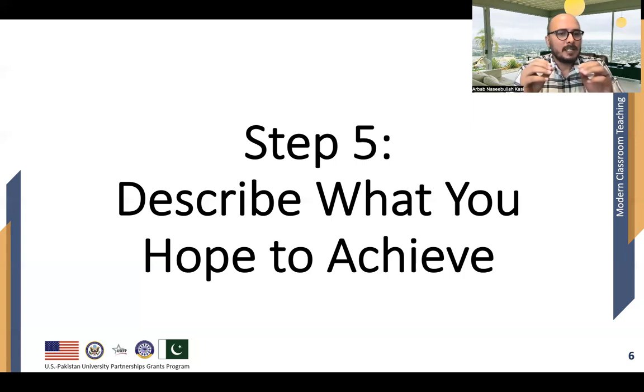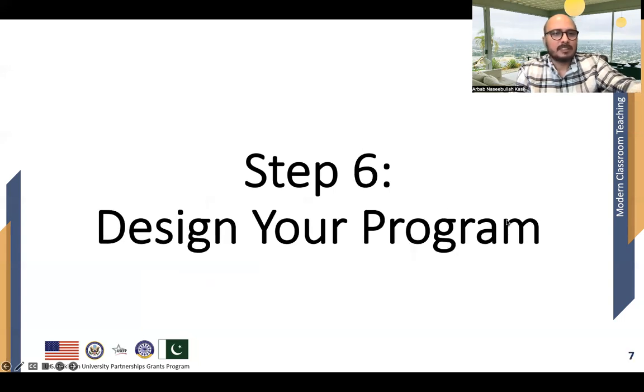Also measure and record the result of your work. So you have to have a specific mechanism for that, and focus on the end result. If you don't focus on your end result, that is again going to be a problem. So always consider these things whenever you are on step 5, describing what you hope to achieve.